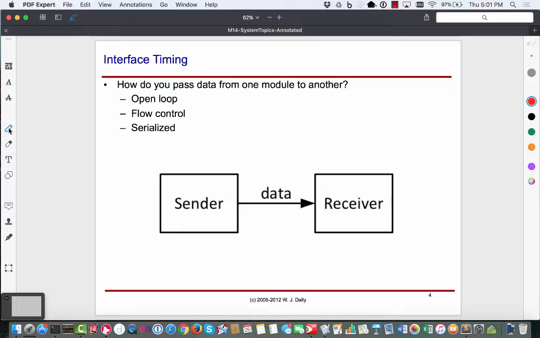The problem with that is that if, let's say, for example, this guy is backed up, maybe it is slower, maybe some memory is full and all, then there is no way for the sender to know about it, so the sender keeps sending stuff out. So this kind of open loop strategy, that is, I'm not listening to the receiver at all, usually doesn't work very well.